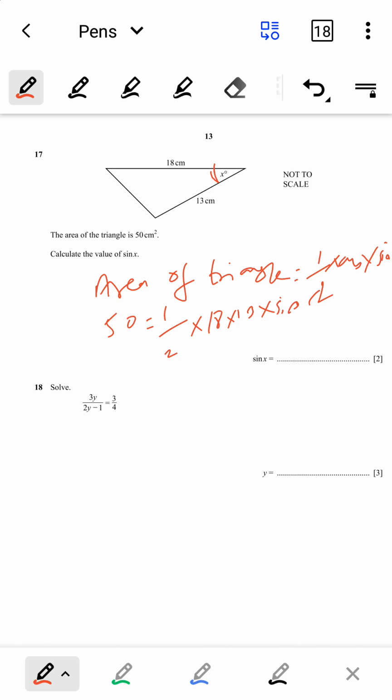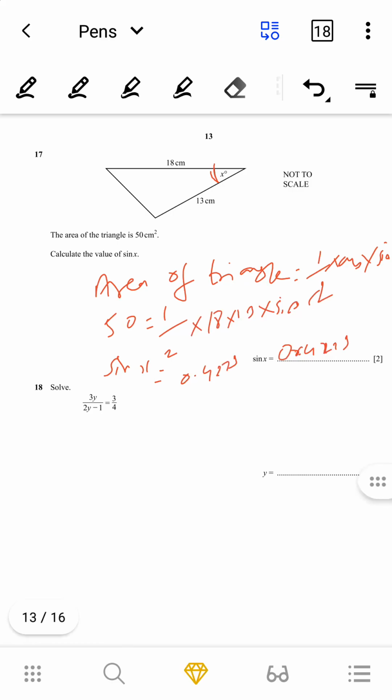Transposing this side, 50 into 2, 100 by 18 into 13, we will be getting sin x equal to 0.4273. So very simple to calculate this one.